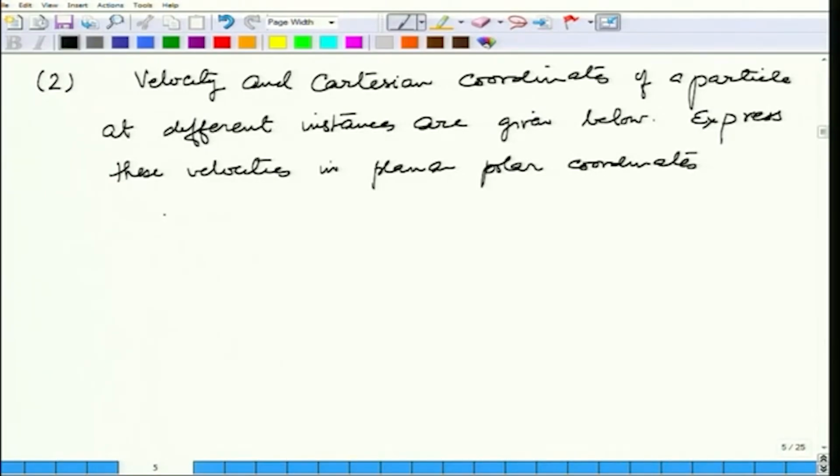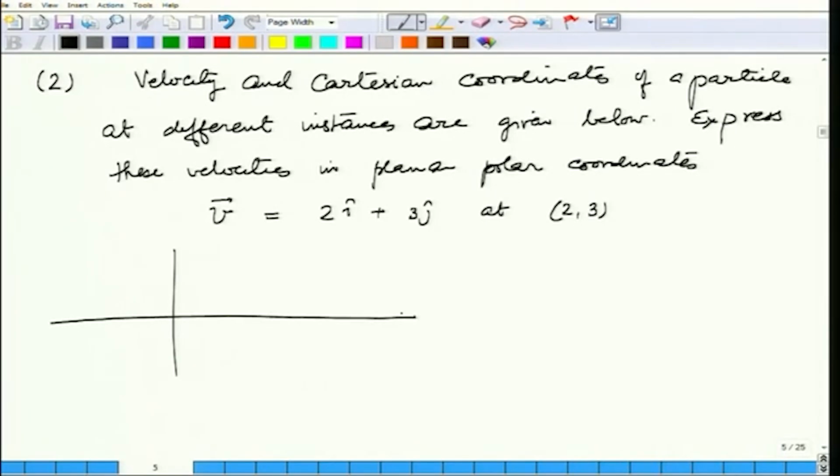So one velocity which is given is v equals 2i plus 3j at 2 and 3. Let us see what it means. It means I am at the coordinate 2 and 3, and the velocity x component is proportional to x and y component is also proportional to y.